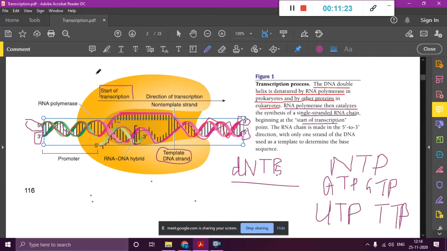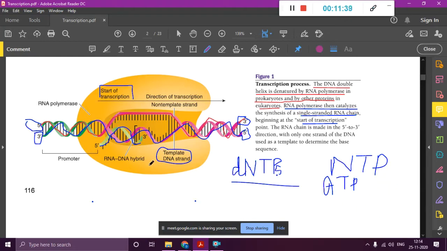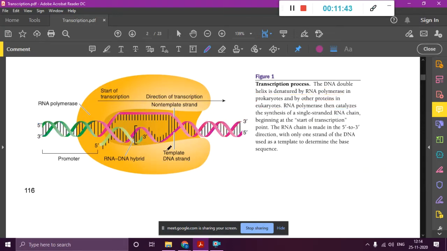So this region which you see here, this is a region which forms the RNA DNA hybrid.